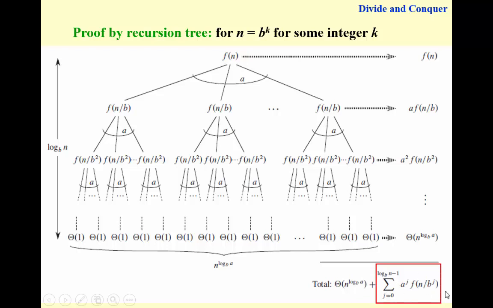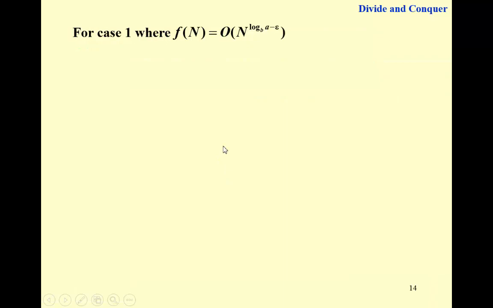Okay, now let's take a closer look at this sum. For case 1, we assume that f of n is bounded above by n to the power of this term minus some positive epsilon. And this sum is going to be what?